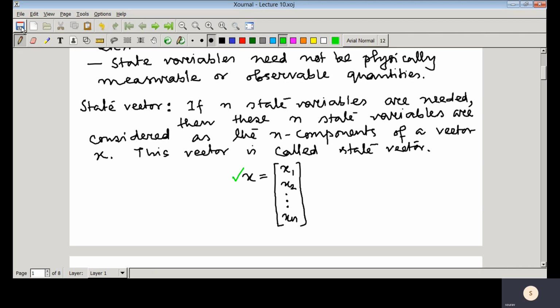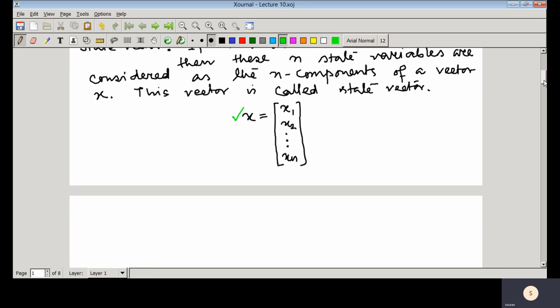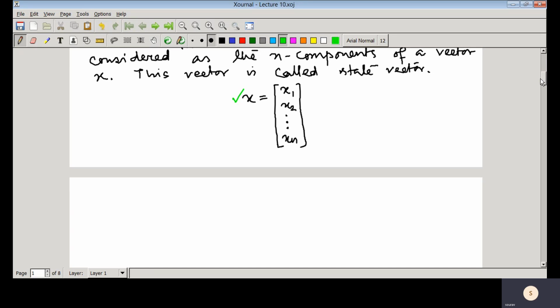That means if you have suppose two state variables, and if you consider the two-dimensional space where one axis is denoted by one state variable and the other axis is denoted by the other state variable in this two-dimensional case. So now the state space here is the two-dimensional state space. So what is the state space?